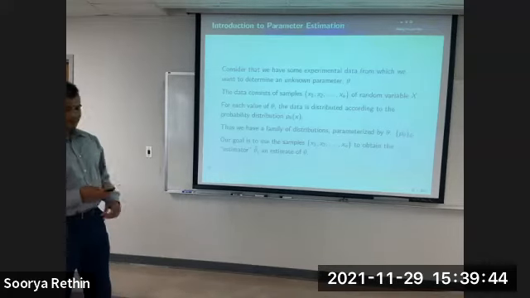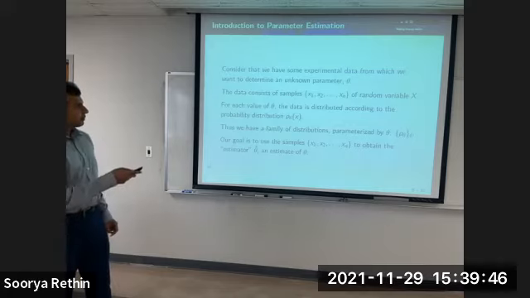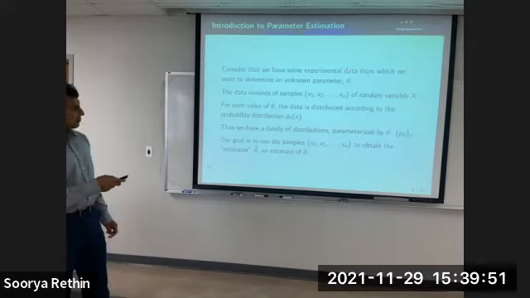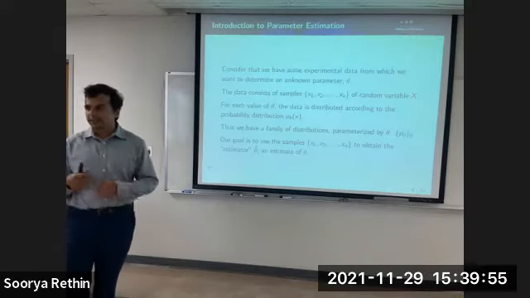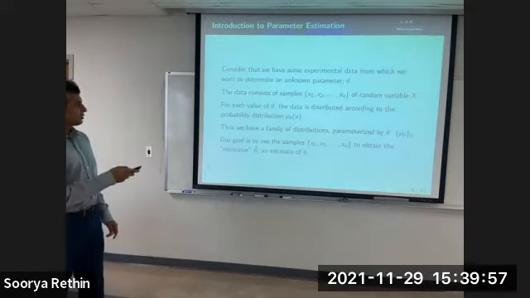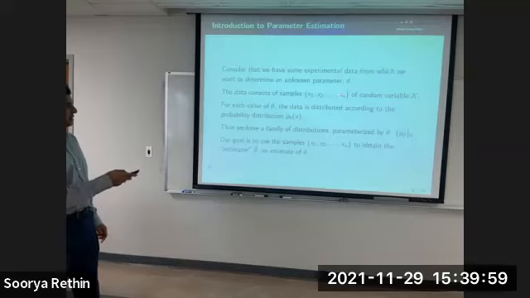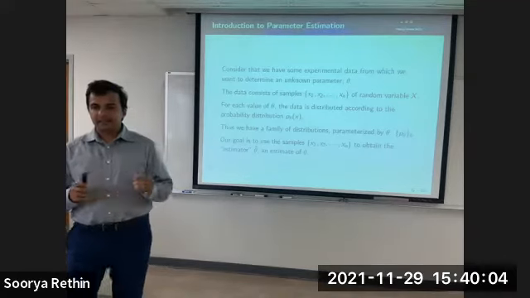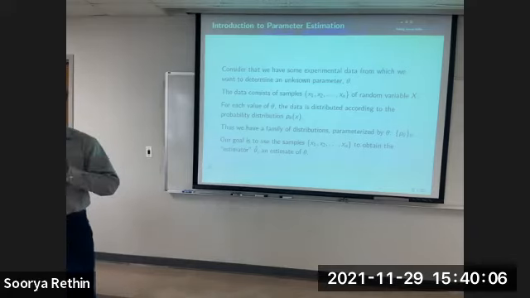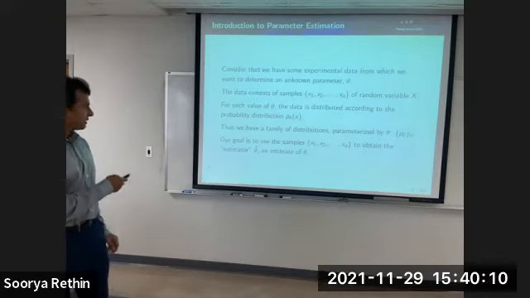So to be more particular mathematically, the common symbol used for an unknown parameter is theta, and the data we have, you can think of it as various instances or various samples of a random variable x. So let's say you have n samples of data, they're represented by these lowercase letters. And what we assume is that each value of theta affects the distribution of these samples in a particular way, and that's governed by a probability distribution.